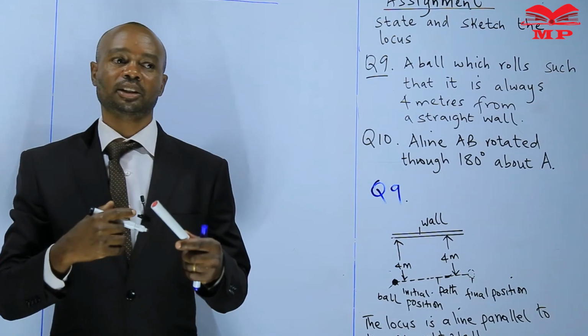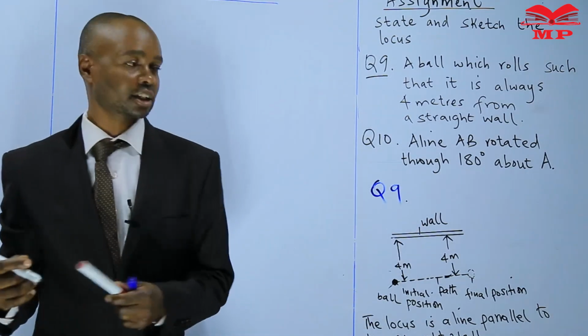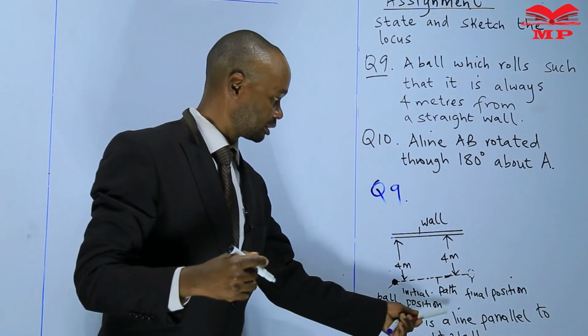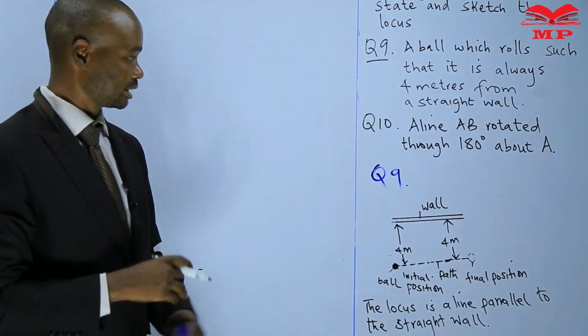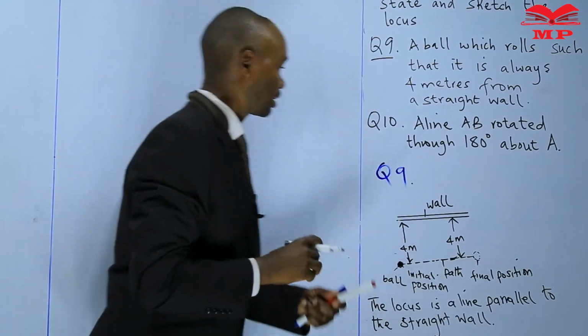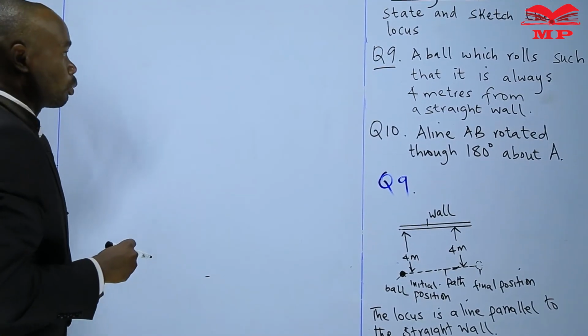So the path is equidistant. That's why the line will be a straight line. It is a line parallel to that straight wall.